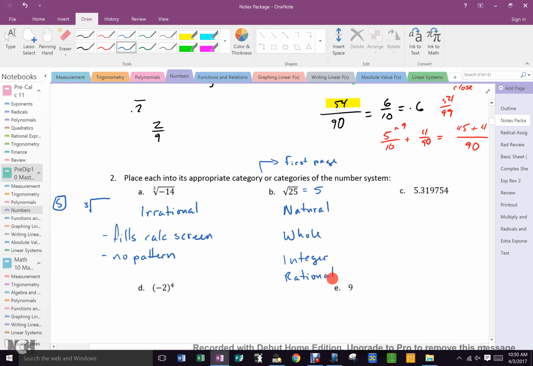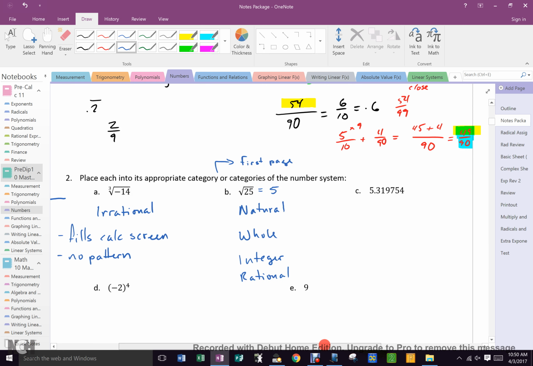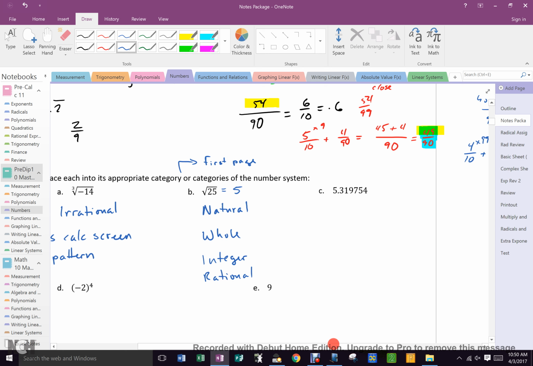Everybody cool? Okay, now C, half of you are going to get wrong. What is C? Everybody write down what C is. Does it have a pattern? Does it repeat? Does it end? Yeah.